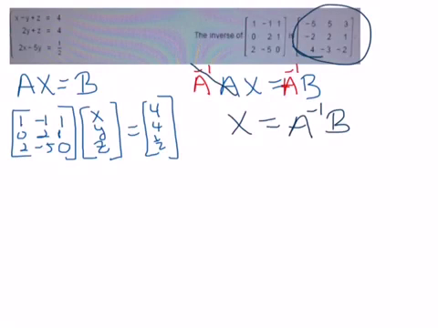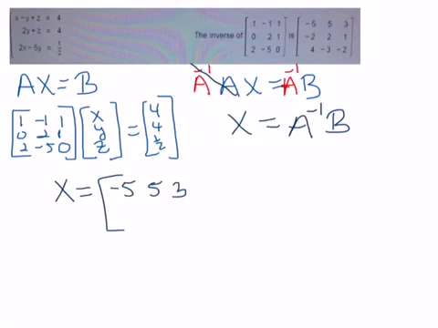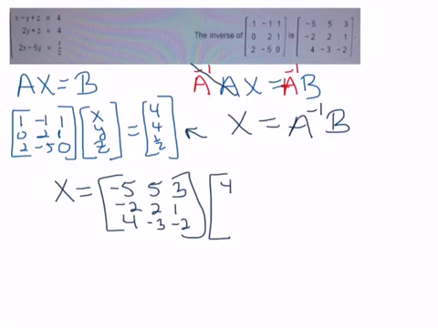So we're going to multiply our inverse matrix by B. X equals A inverse, they told us, is -5, 5, 3, -2, 2, 1, and 4, -3, -2. And we're going to multiply that by B, which was this matrix right here, 4, 4, 1/2.